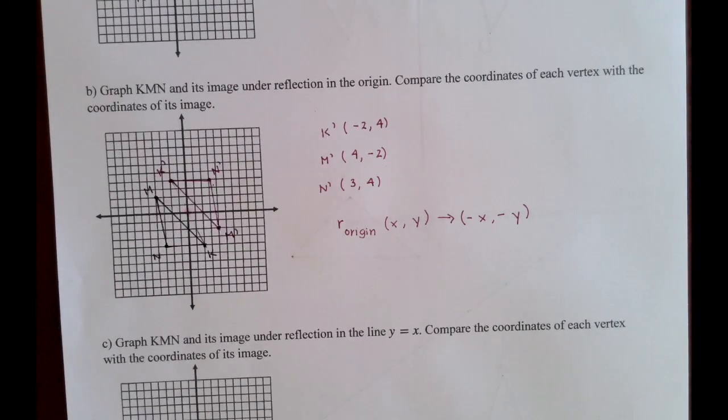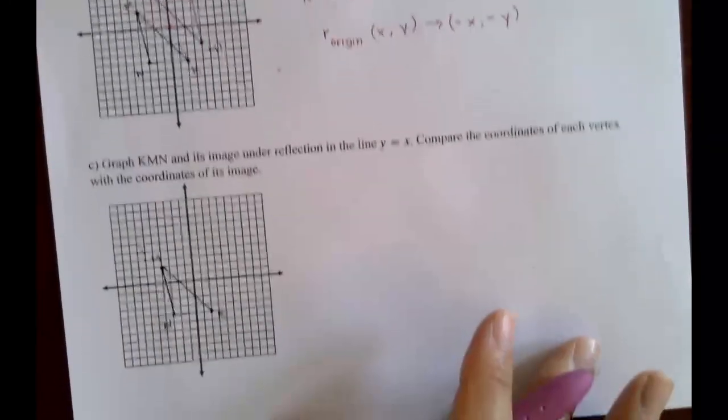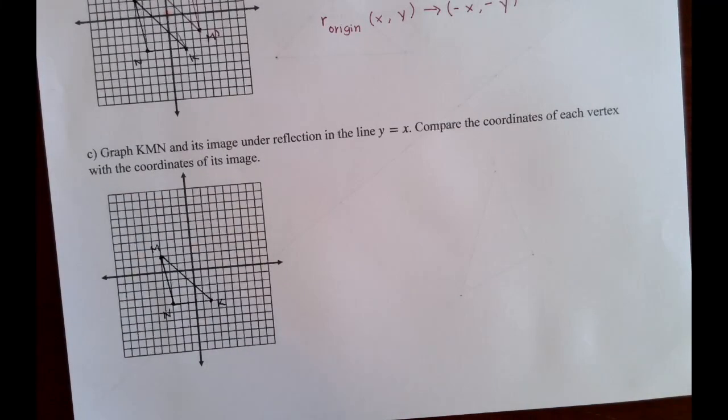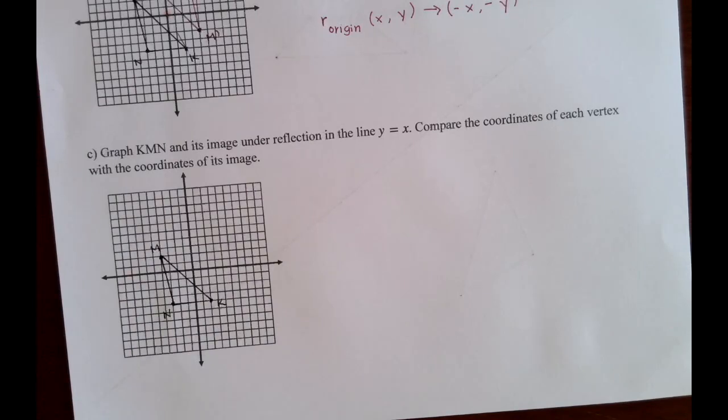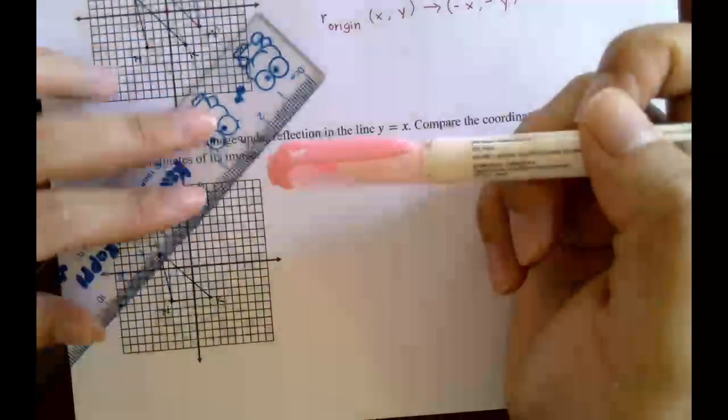Okay? Okay, let's do the last one here before you try one on your own. So here, this time, I'm reflecting across the line y equals x. Okay? So that would be this line here.